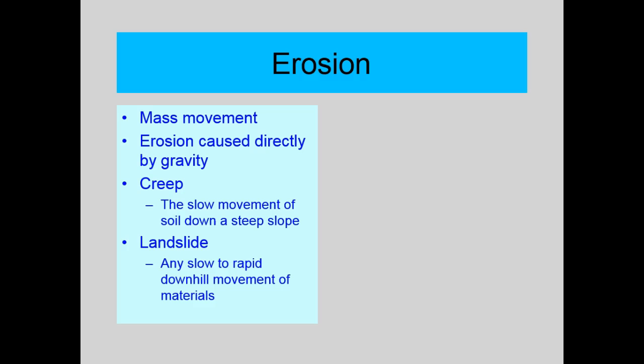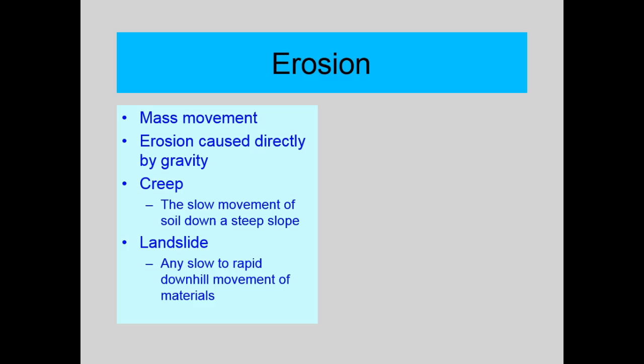I'm thinking France or maybe Italy or Germany or somewhere like that, that the farmers would actually go in when they were preparing the fields for the new crop and haul soil from the downhill side and take it back uphill again. Because very slowly the soil is going to creep down the hillside. It just is. Gravity pulls it down. Okay? Now, it has help from other materials, but that's the slow movement of soil down a steep slope.